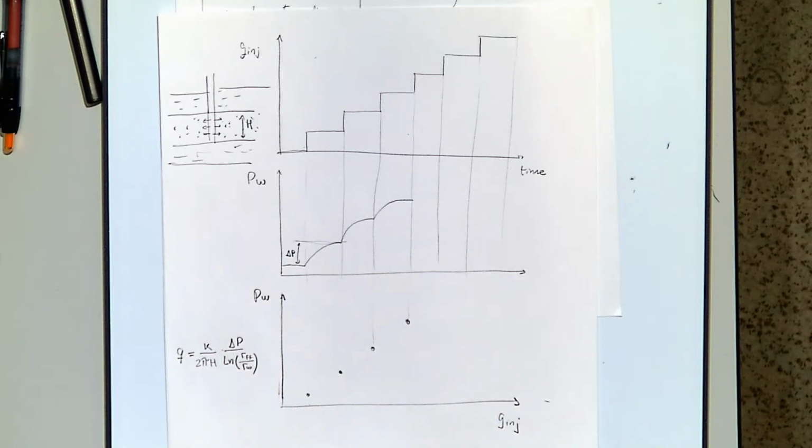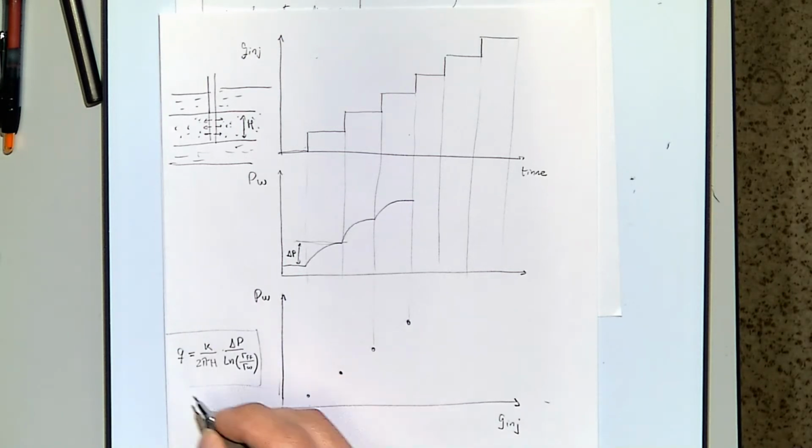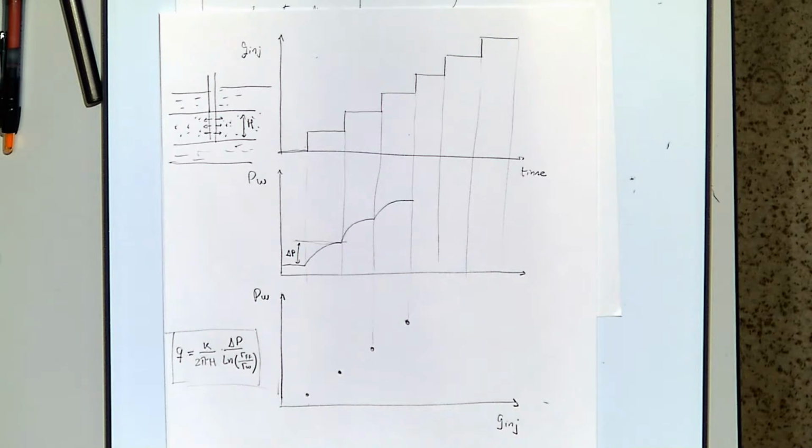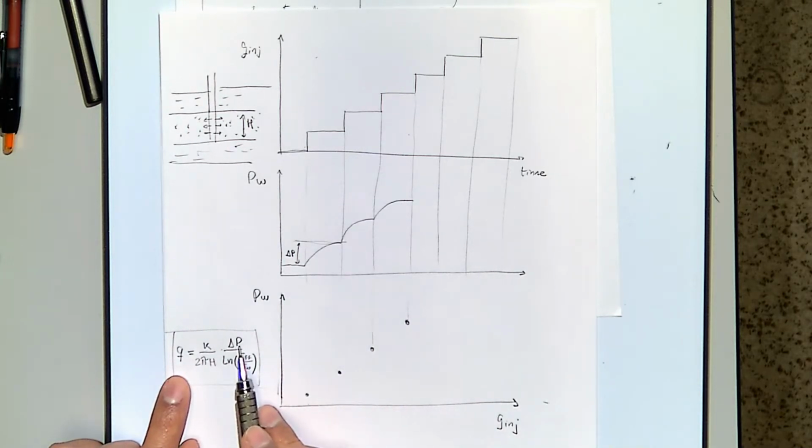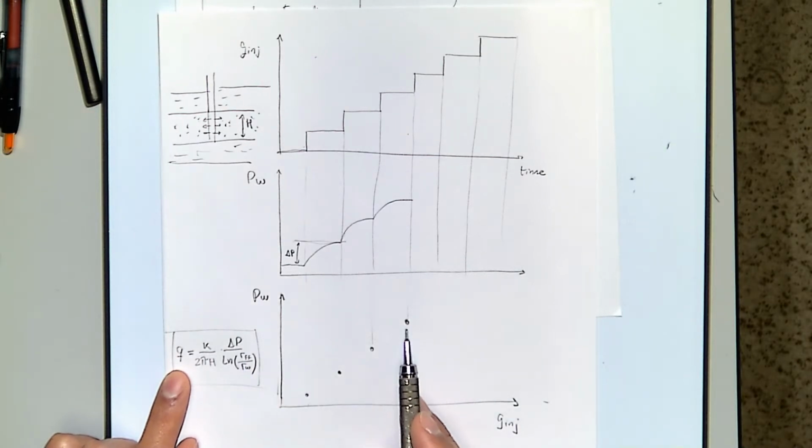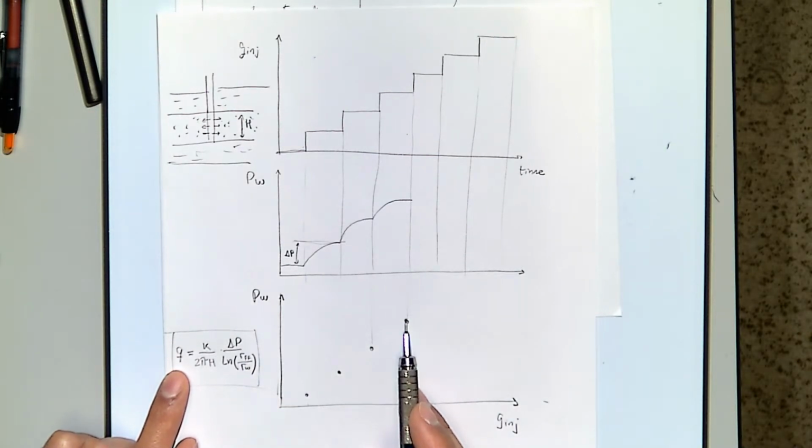Something like that, okay? Please check that equation. But the important thing here is that the delta P, the pressure difference between the wellbore pressure and the far field pressure, is proportional to the injection rate. And this is what we see over here.